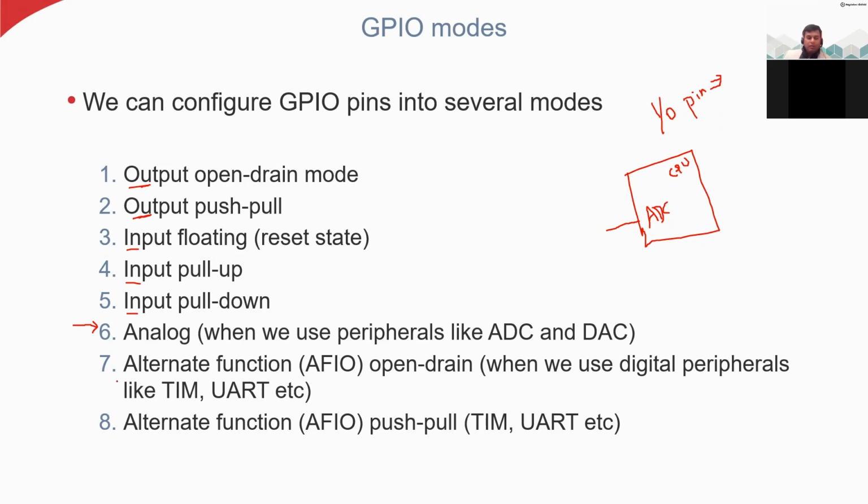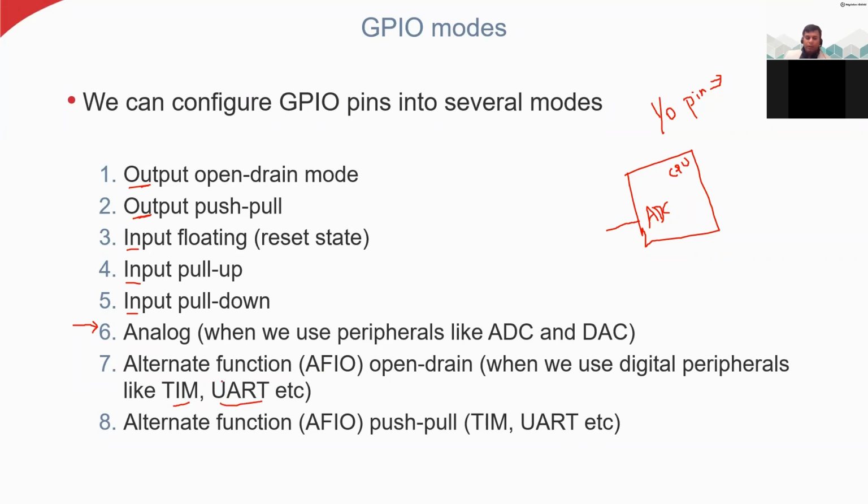Similarly, we can also configure the input output pins with alternate functions, like alternate function input output. This is mainly for using the peripherals. There are many different peripherals available in the microcontroller. We saw different peripherals in the lecture before last week, for example the timer and UART.